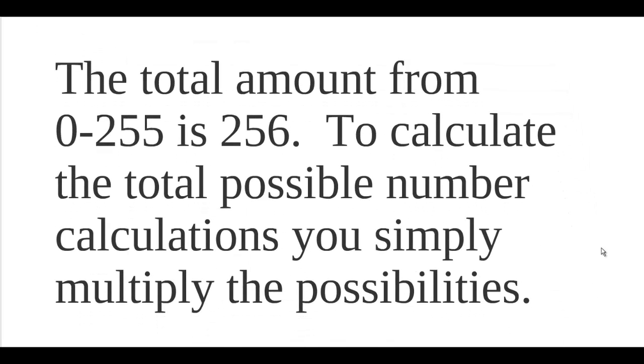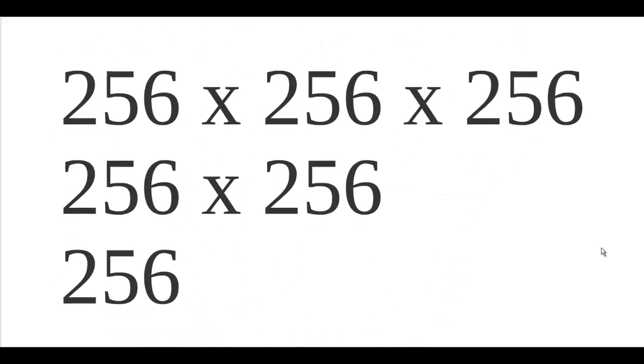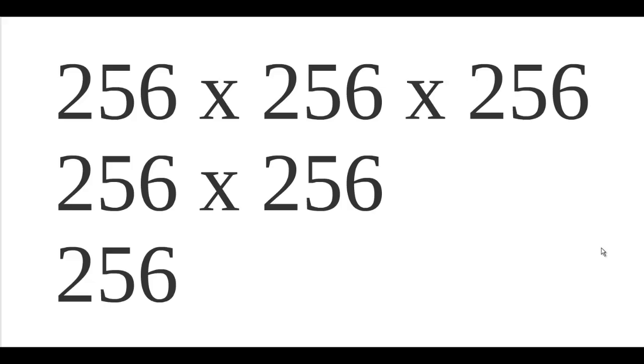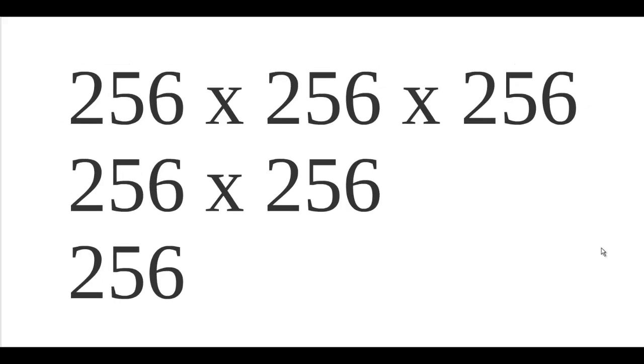If we actually take those total numbers, 0 to 255 is a total of 256. Since there's 256 possibilities in each one of those slots, all we have to do is simply multiply them. All I have to do is 256 times 256 times 256, or 256 to the third if you're into the whole exponent thing. 256 times 256, or just simply 256. So the first one's going to come out to around 16.7 million. 256 times 256 is 65,536, and 256 is 256.